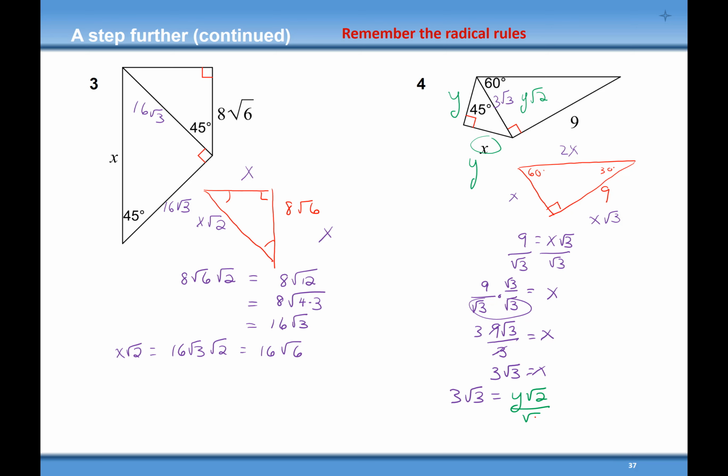So we're going to divide by radical 2. Now remember, you cannot have that radical 2 here in the denominator. So I'm just going to go up here for a little more space. We're going to do 3 radical 3 times radical 2, multiply both parts by radical 2 to move that up, right? And we end up with 3 radical 6 over 2, which is the value of y, which of course now is also our value of x, because that's the one we're solving for.